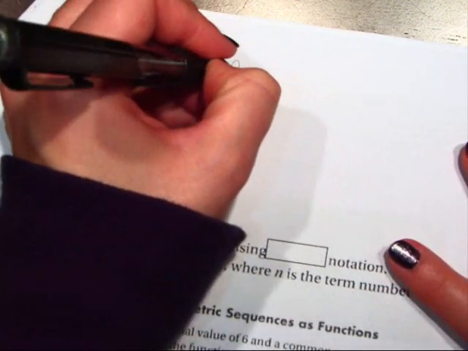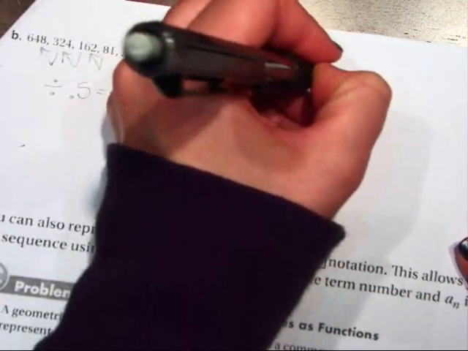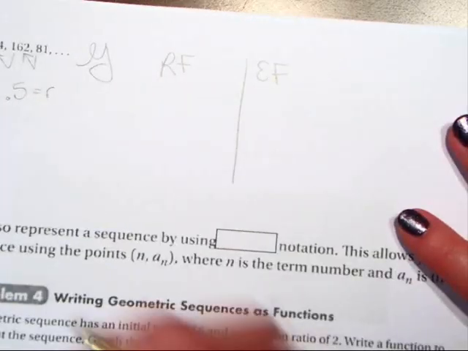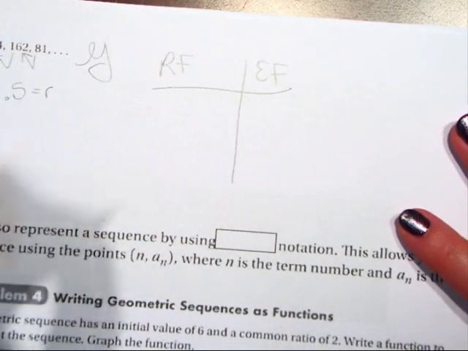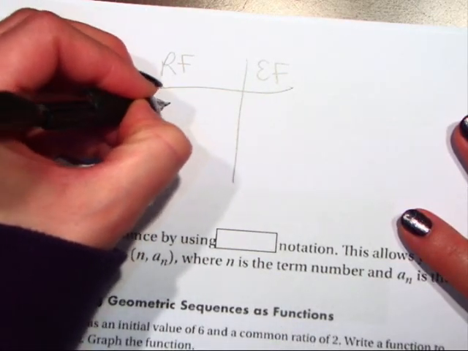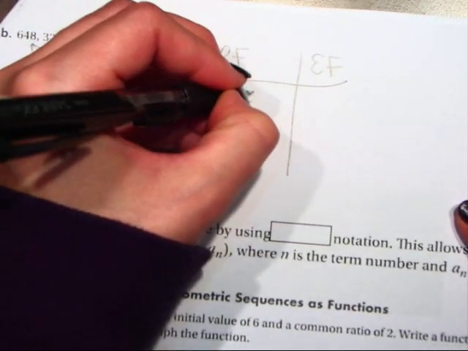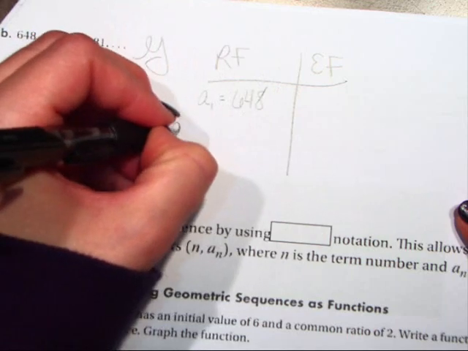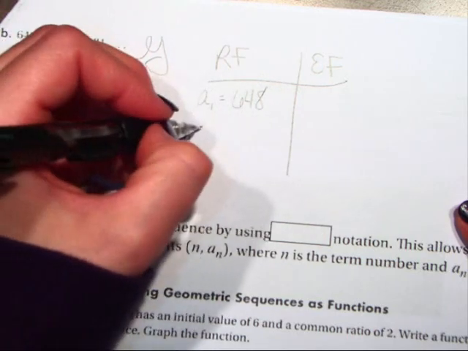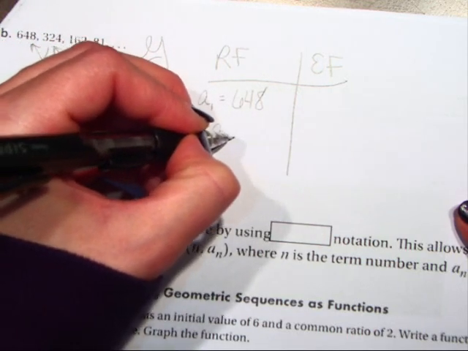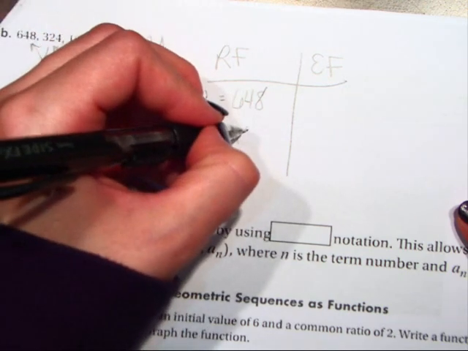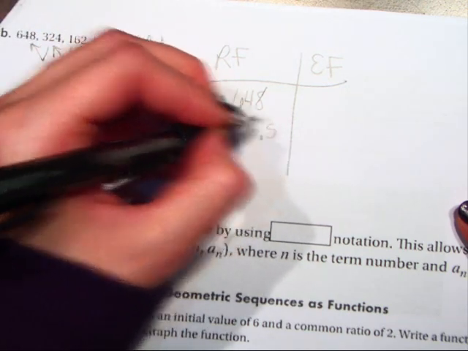Let's do our icky recursive formula and then the nicer explicit formula. The recursive formula starts with what the first number is. So in our case, 648. And then it tells you to get to anything you need, you take the one before it and you multiply by your common ratio, in our case 0.5.